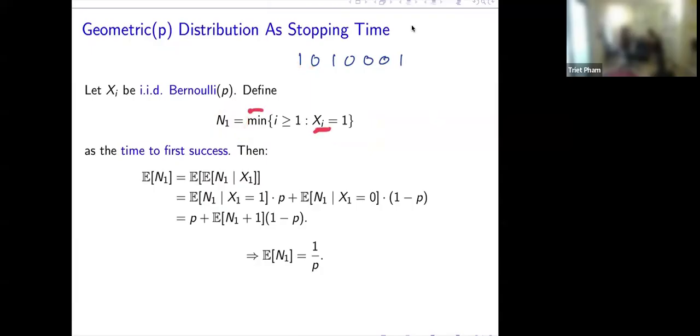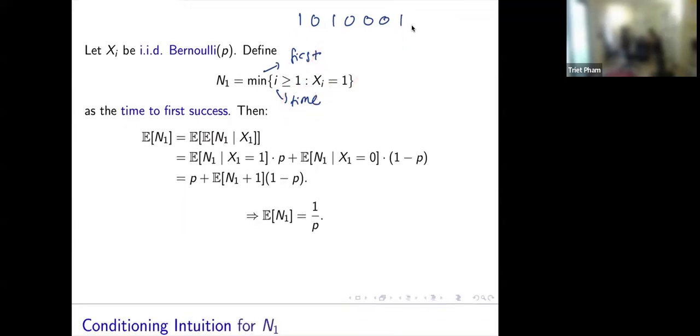This minimum represents the first time, and I is a time variable. So, first time to success. Here we're just recasting the notation of the geometric into the language of stopping time and an IID sequence, a stochastic process.